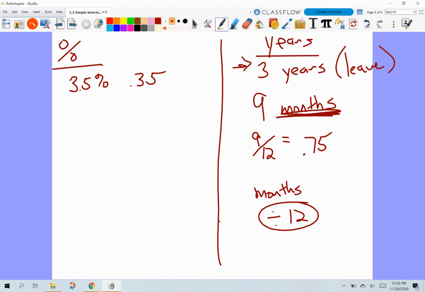I realize that most of you are used to seeing a 2-digit decimal for a percent, but if your percent is already a decimal, when you move the decimal point 2 places to the left, that creates a gap. You fill in with the 0, so you're going to have 0.035 for your decimal of your percent. So just be careful. There's really no limit to what your decimals can look like for your percent.